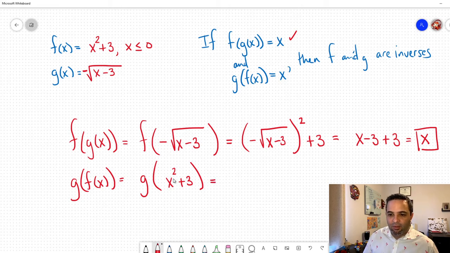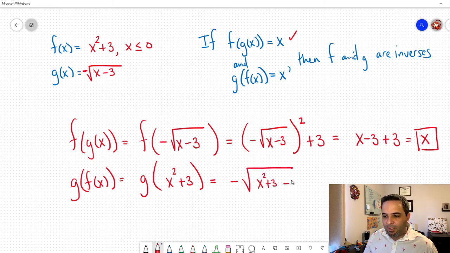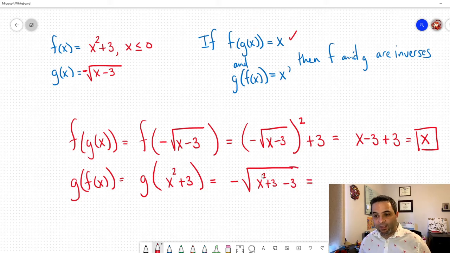So now I get, okay, now we're going to take this, and wherever I saw x, I'm going to replace it with x squared plus 3. So it's negative x squared plus 3 minus 3. So again, setting it up. So this was my substitution, so that replaced the singleton x, because now I'm plugging in all this instead of x. So that's showing up there.